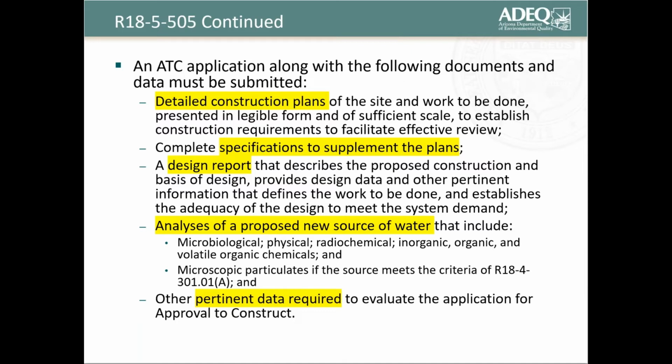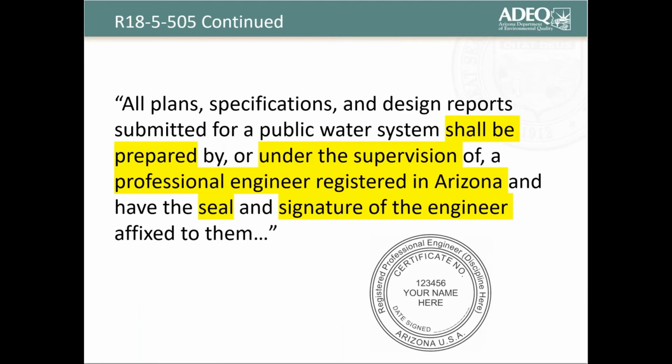The more data or documents that we have during the review process, the better, and it helps us understand more the design of the project. Furthermore, proper verification of the documents should be provided.